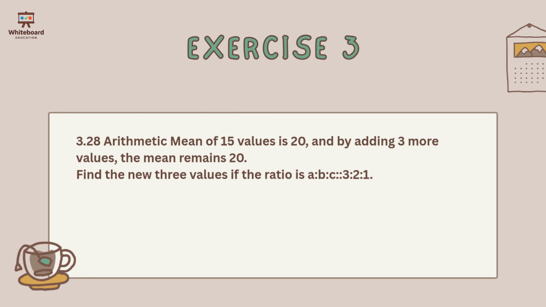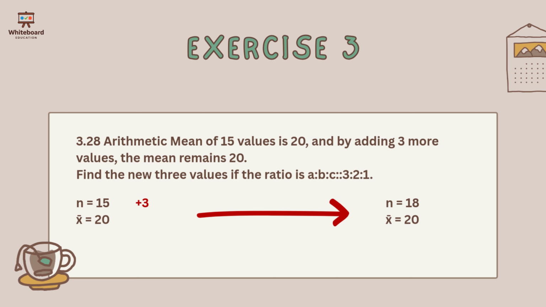Next is question 3.28. The arithmetic mean of 15 values is 20, and by adding 3 more values, the mean remains 20. Find the new 3 values if the ratio of A to B to C is the same as the ratio of 3 to 2 to 1. First, we know that the arithmetic mean x bar is 20 for 15 values, n. Now by adding 3 more values, n becomes 18, but as said, the mean x bar remains 20. So we use the arithmetic mean formula and place in the given values. x bar is 20, equal to summation x over n, 15, cross multiply.